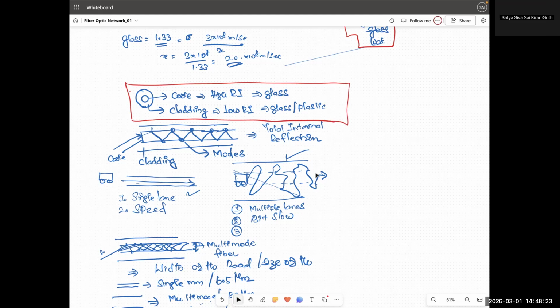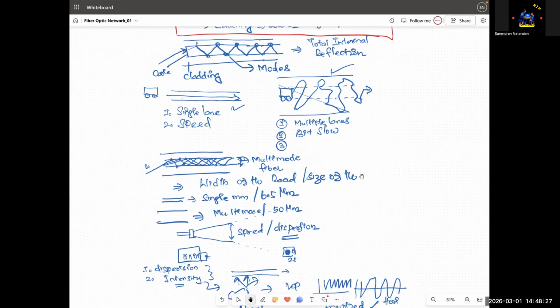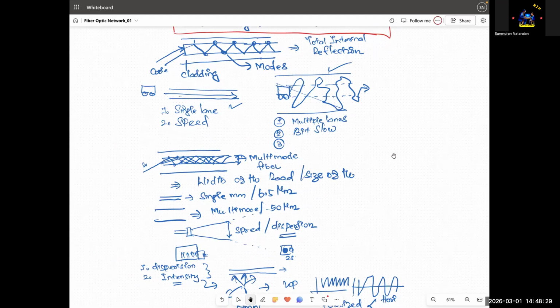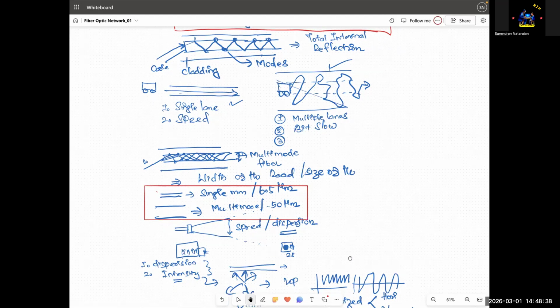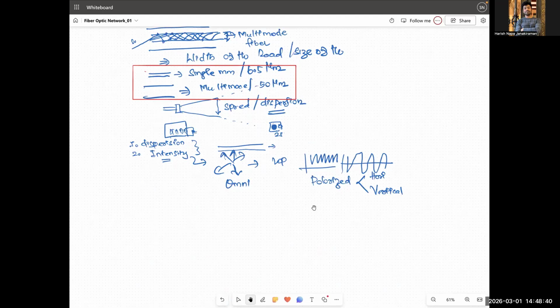Then we saw core and cladding. What is core and what is cladding? And then we saw single mode and multi-mode. And what else did we see? Polarized and non-polarized light.